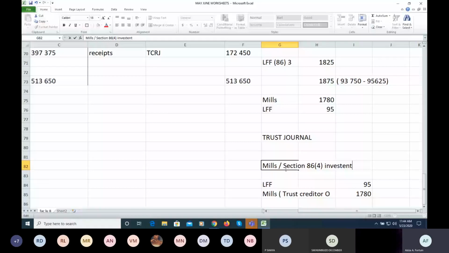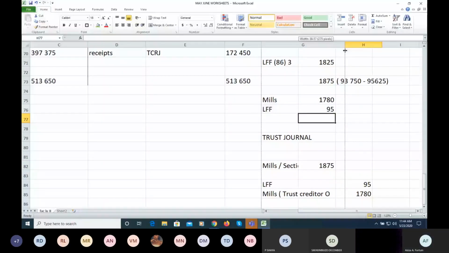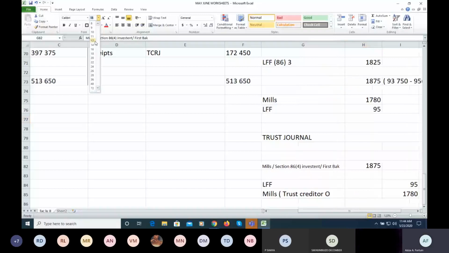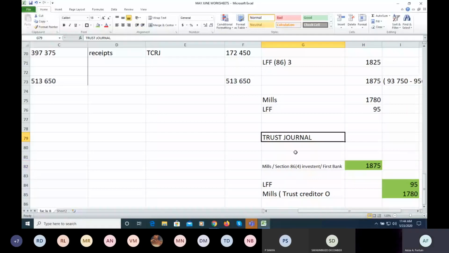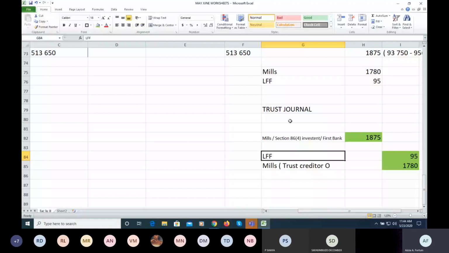Just make this smaller so you can see. Okay, so you kind of understand how you get it. Let's just discuss this trust journal. Does everybody understand now what I did when I adapted it to the 86.4? Aziza? Yes.